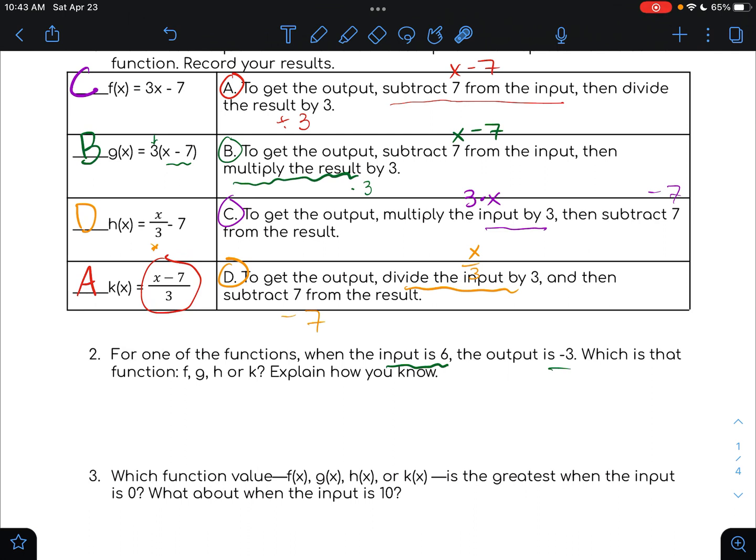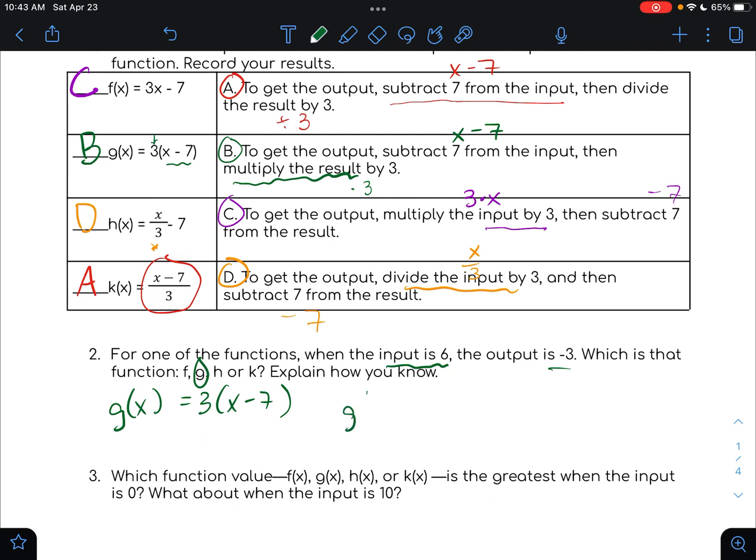That's the one. So we have the g of x function, which is equal to 3 times x minus 7. That's the g function.